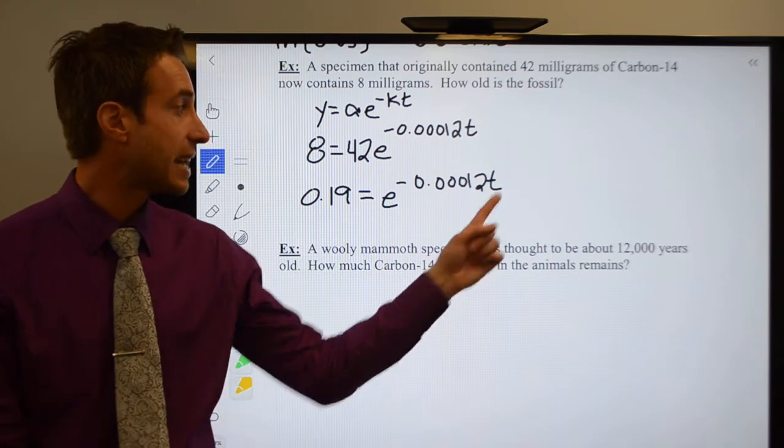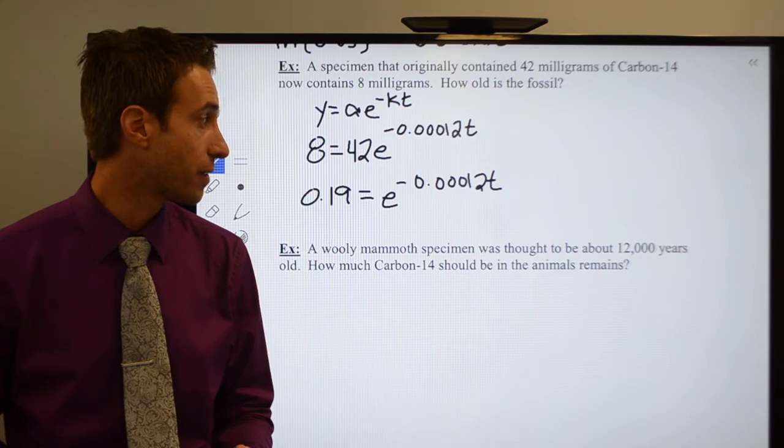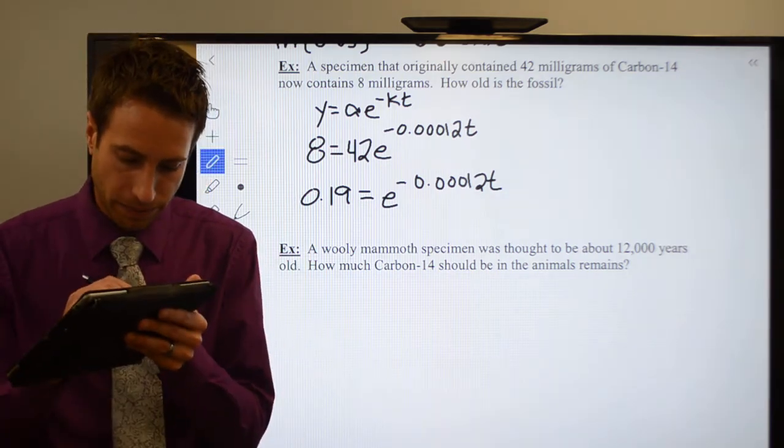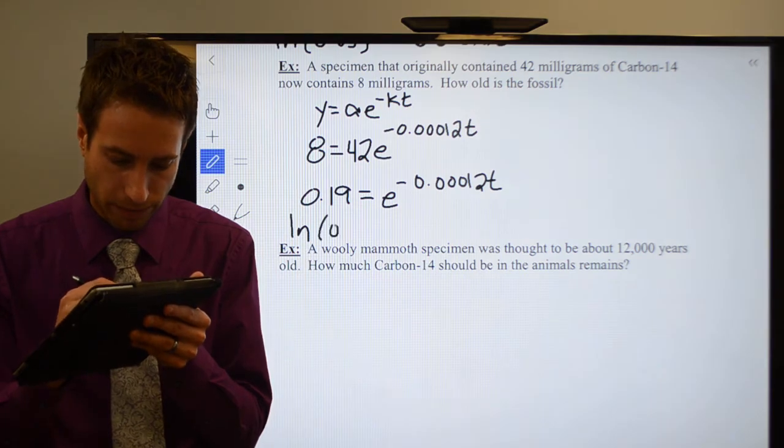So anyway, here we go. I need to get that t out of the exponent position. It's a base e exponential function, so take the logarithm. ln, natural logarithm.